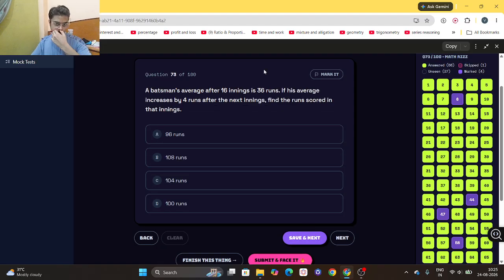A batsman's average after 16 innings is 36 runs.